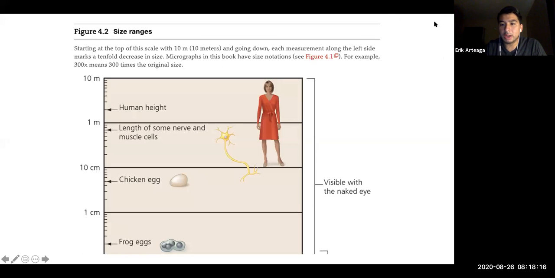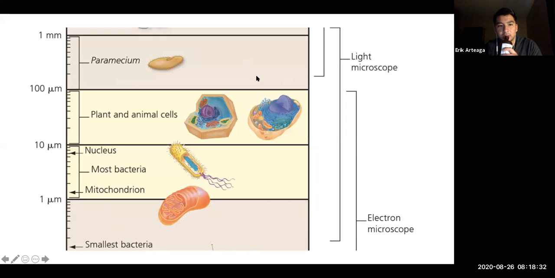Okay, so here's kind of a relative size comparison, right? So we have human height, we have the length of some nerve and muscle cells, just close to 1 meter. We have a chicken egg, again, a very large cell there. Frog eggs, getting smaller. And here we get into what is able to be visualized by a light microscope. We have a paramecium, which is a larger eukaryotic cell.